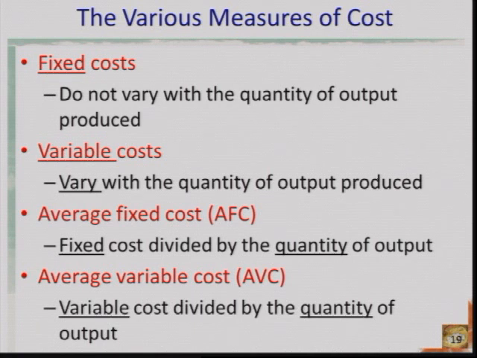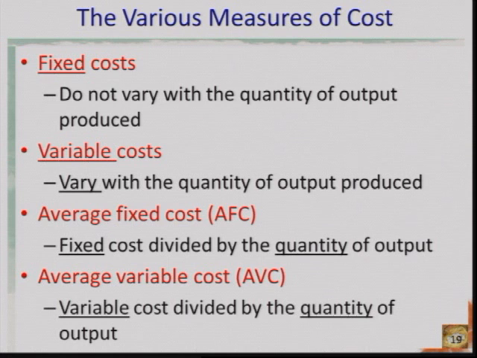Also, remember that fixed costs plus variable costs equals total costs. Way back on the first slide, or slide number 2 after the cover slide, you'll remember that profit equals total revenue minus total cost. So total cost is equal to these first two things on this slide, fixed and variable costs.